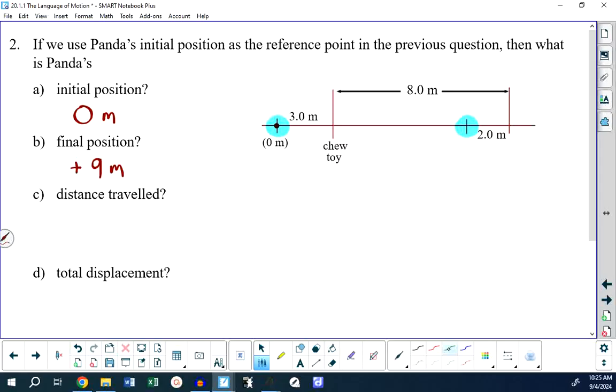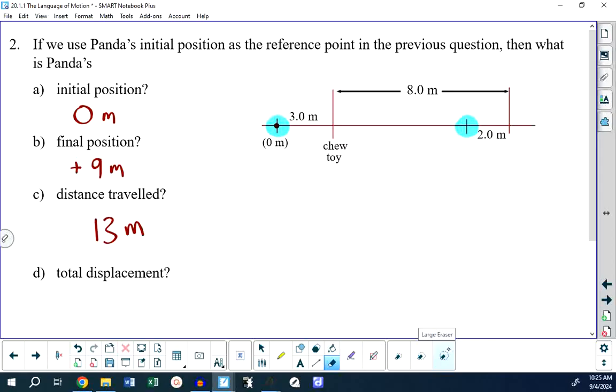Okay. What's the distance she travels? Does changing where we call 0 change how far she traveled in her journey? No. It's still going to be, what was it, 13 meters? Okay. You could do this, but that seems to imply to me that you think there's a direction associated with it, so I would avoid that.